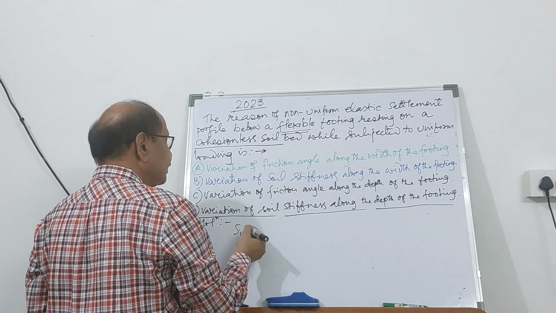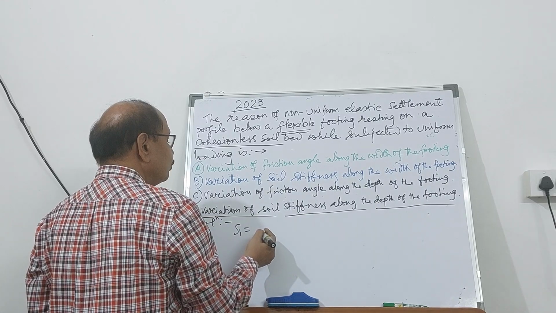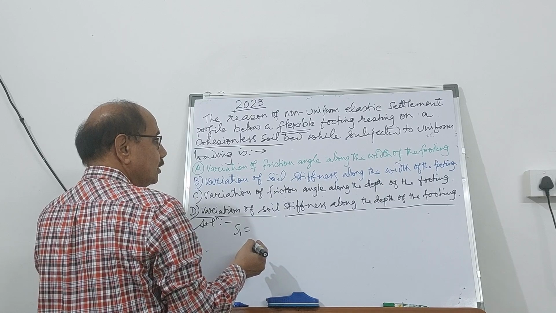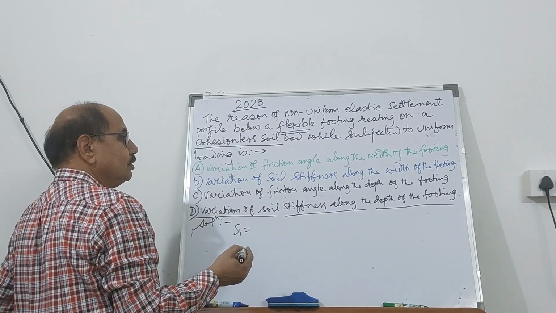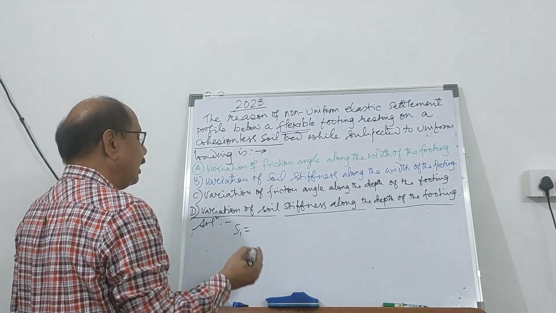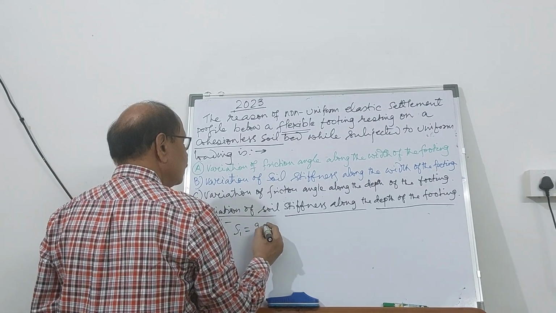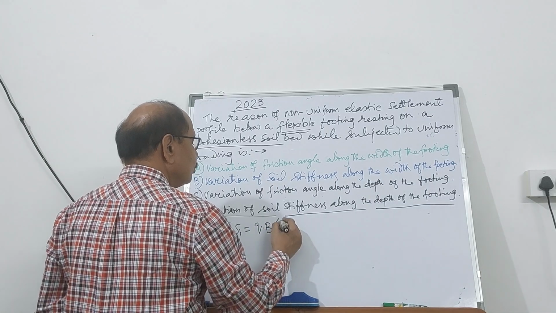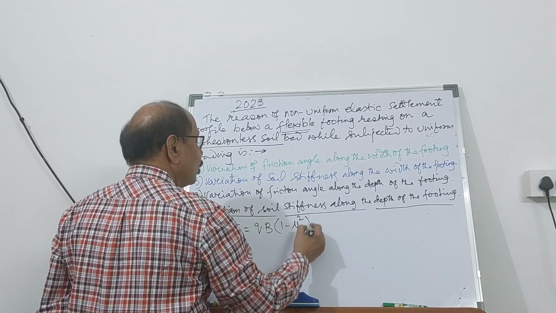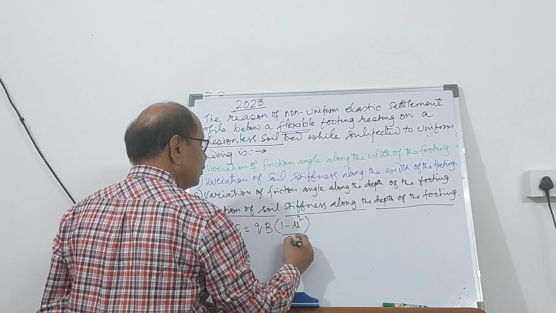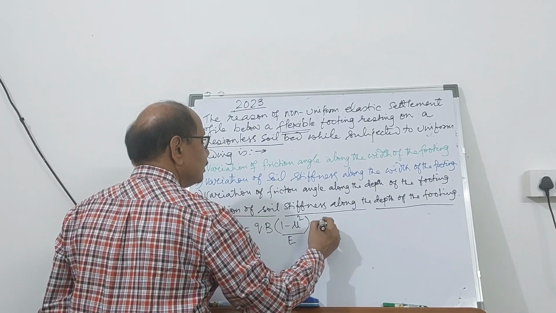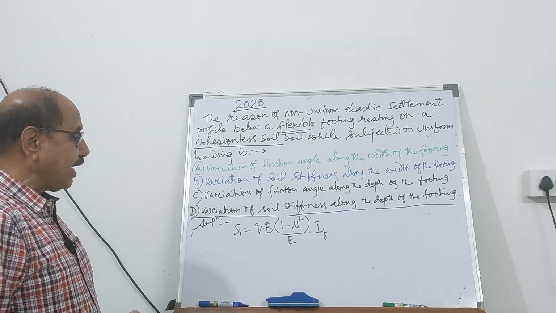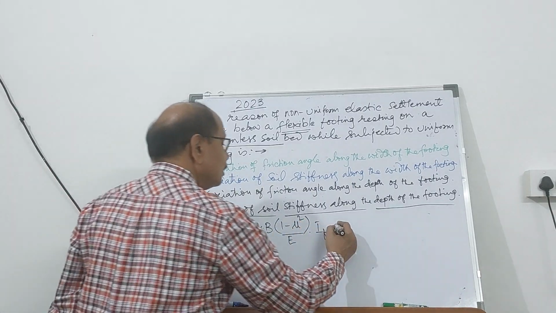That's immediate settlement of the footing on cohesionless soil. It is Q, intensity of loading, into the width of the footing, into 1 minus Poisson's ratio whole square, divided by Young's modulus of elasticity, into the influence factor. This, you know it.